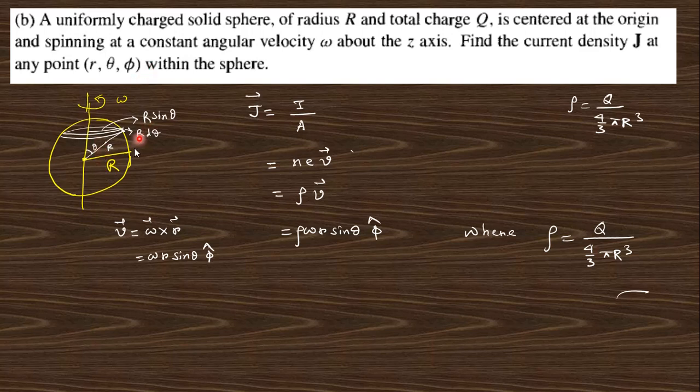The current density equals current by area, I by A. Here you know J equals N e V, where N e is the charge density, into V. So V equals omega r sin theta phi cap, where omega is the angular velocity. Put this value and you will get this expression. So this is the value of J, the current density.